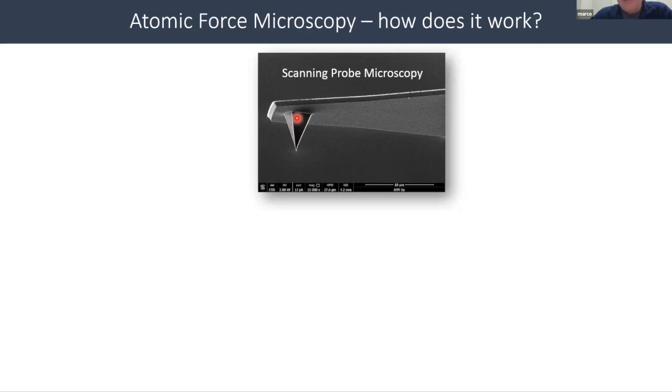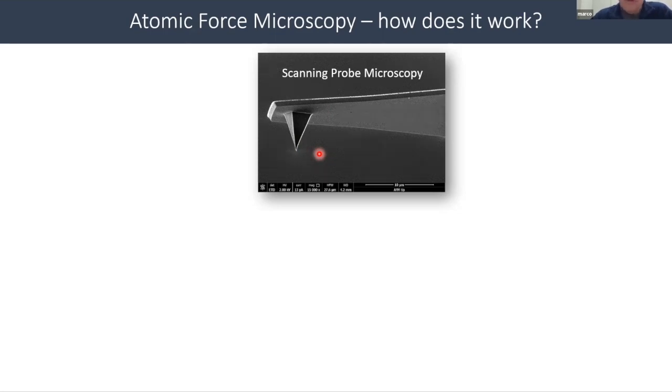In AFM, the probe is simply a very, very sharp tip, and the best commercial tips available have a curvature radius of just a few nanometers at the very apex. And the interaction that we are mapping in AFM is just short-range attraction and repulsion, or with a less complex name, touch.